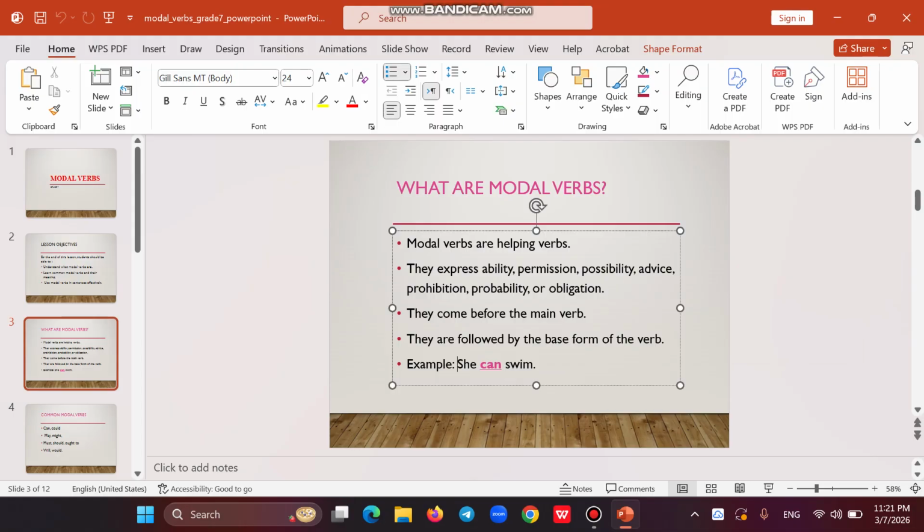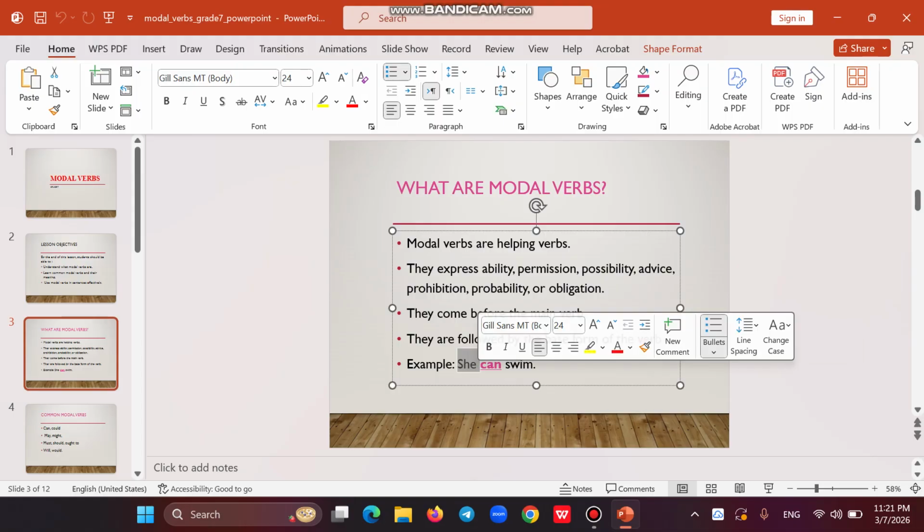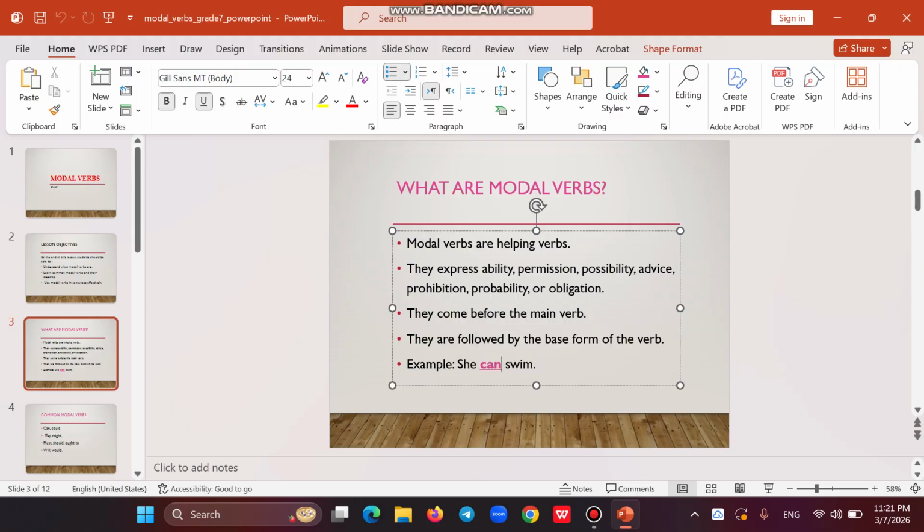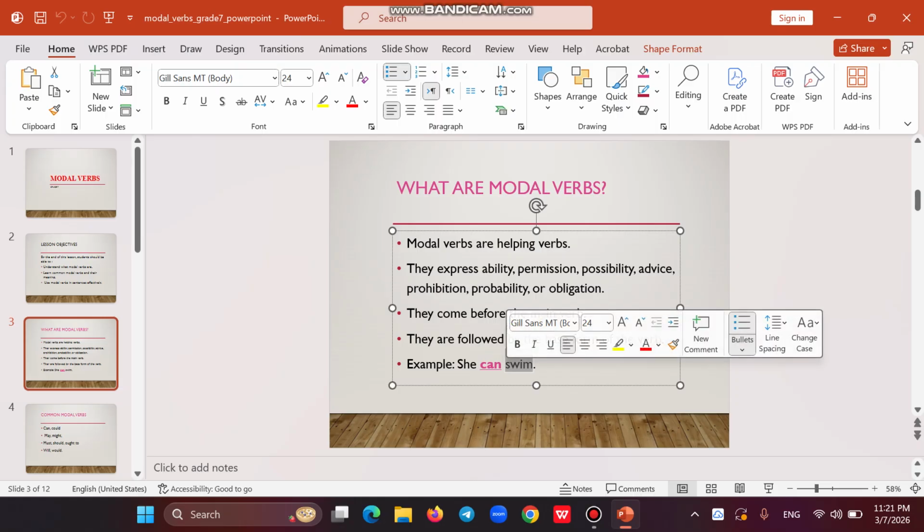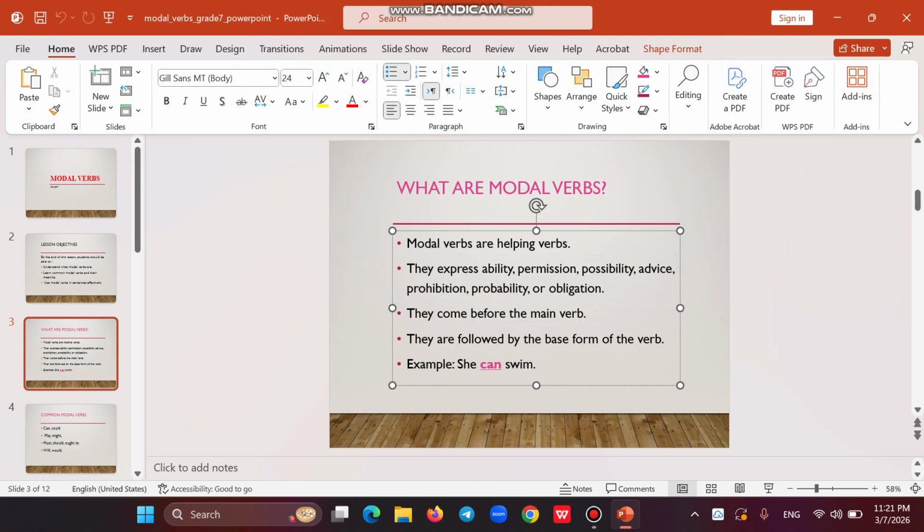Here she is singular. If we don't have a modal verb, we say she swims. But because we have can, which is a modal verb, we cannot add an s to the main verb swim. Okay? So this is the function, the meaning, and the location of modal verbs in a sentence.